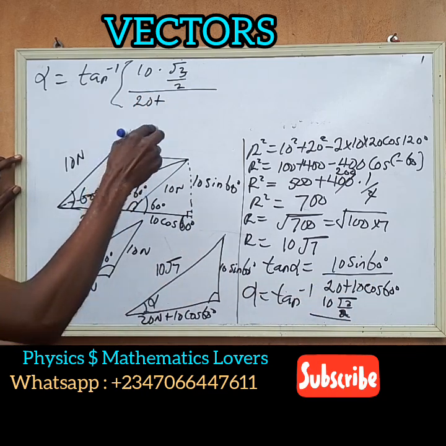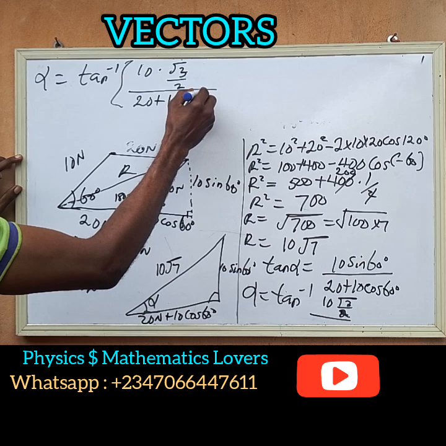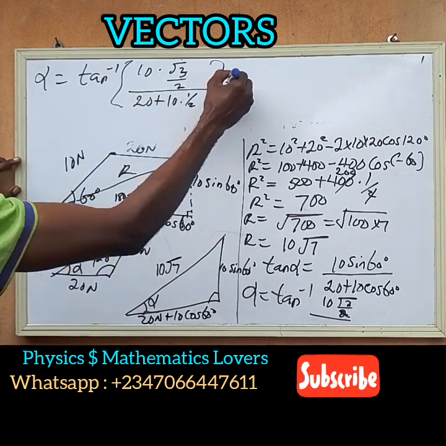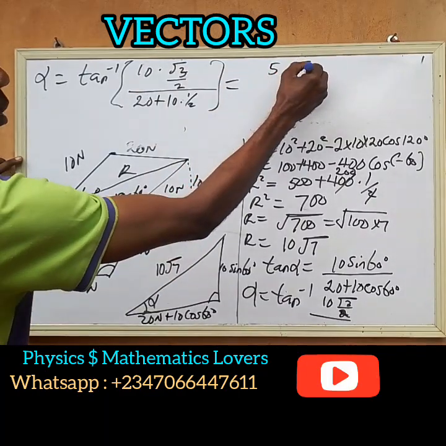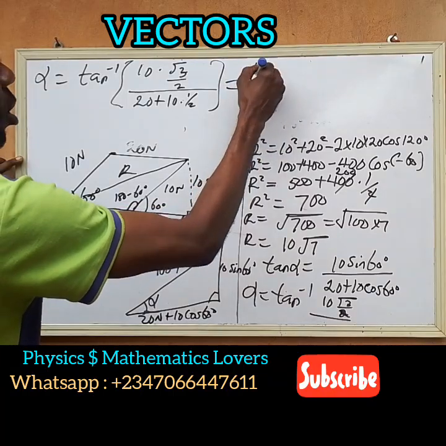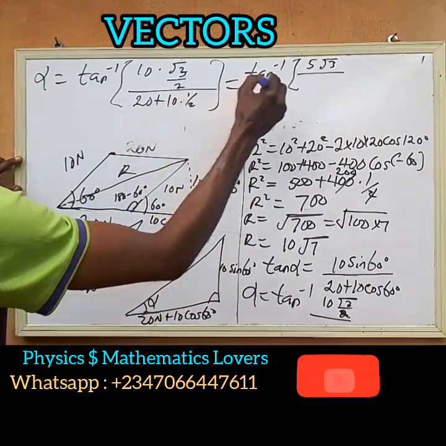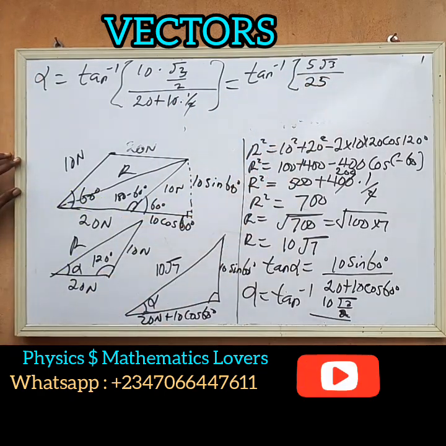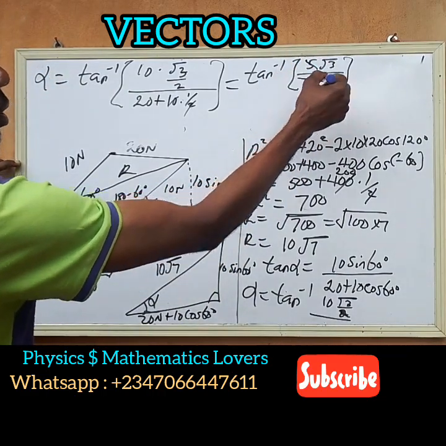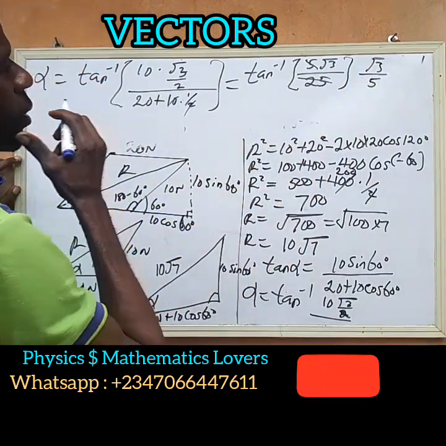Cos 60 is half, 10 multiplying half becomes 5. The 10 and 2 cancel out, leaving 5 root 3, over 20 plus 5, which is 25. Then 5 root 3 over 25 cancels to root 3 over 5.